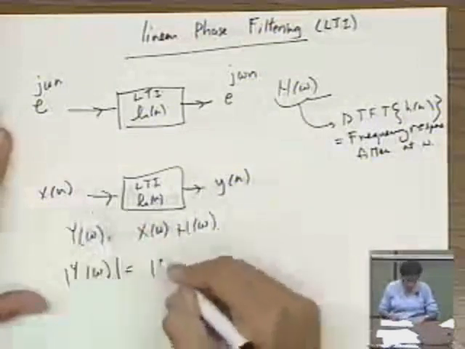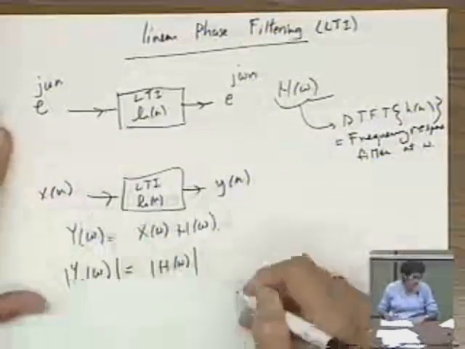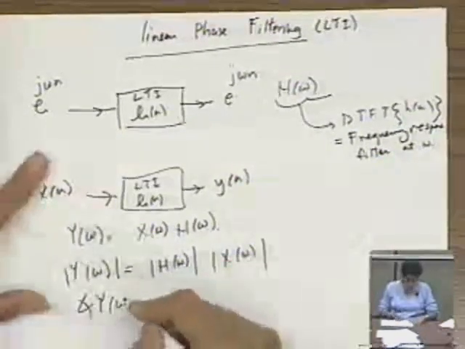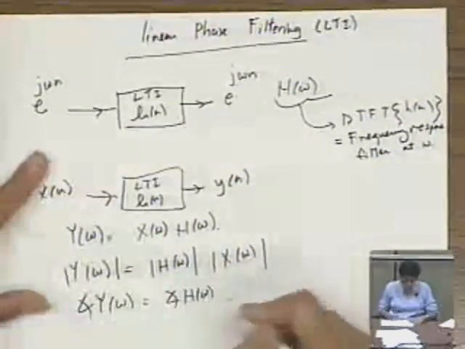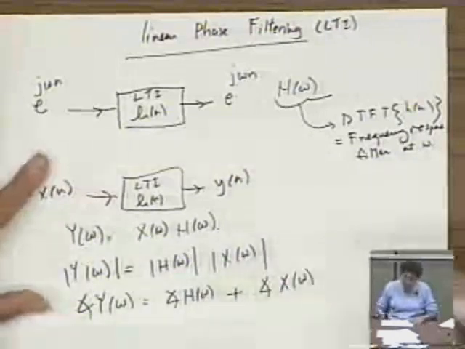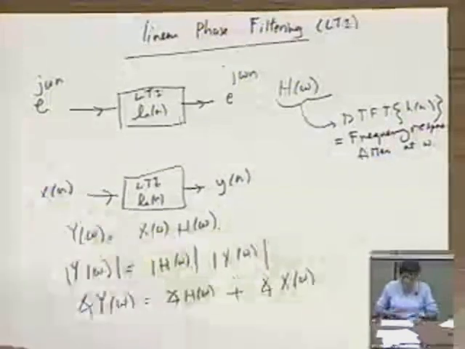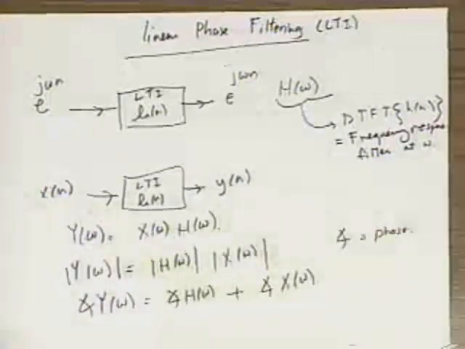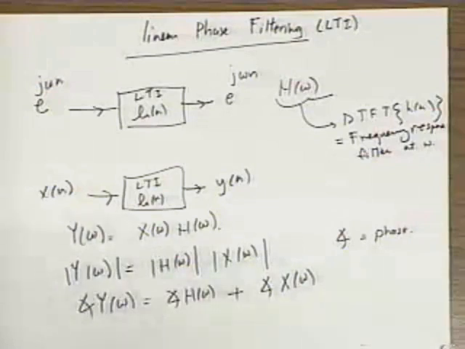You all know that. And now I can write the magnitude and phase of this. In particular, the magnitude of Y of omega is the magnitude of H of omega times the magnitude of X of omega, and the phase of Y of omega is equal to the phase of H of omega plus the phase of X of omega. Magnitudes get multiplied, phases get added. And this symbol here denotes phase. This all comes from properties of complex numbers.